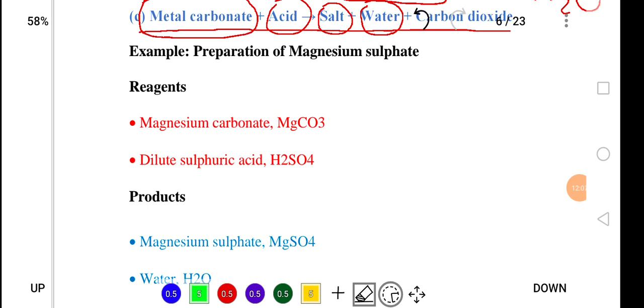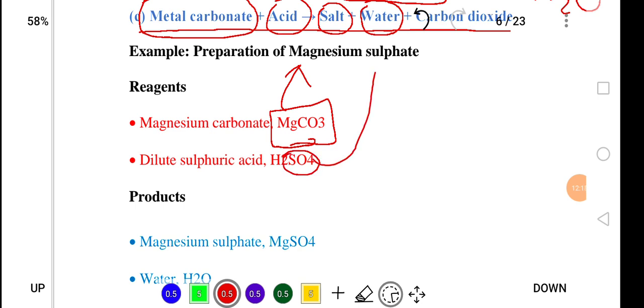In this case, we are using magnesium carbonate because magnesium carbonate will give us magnesium, and sulfuric acid will give us the sulfate. So if they want you to prepare, should I say, sodium sulfate, you are going to use sodium carbonate because sodium carbonate will give you sodium.